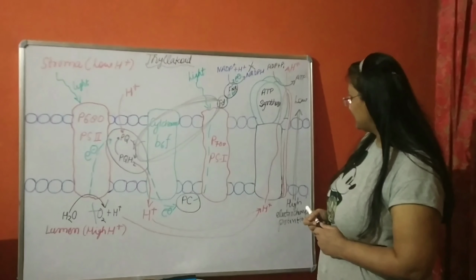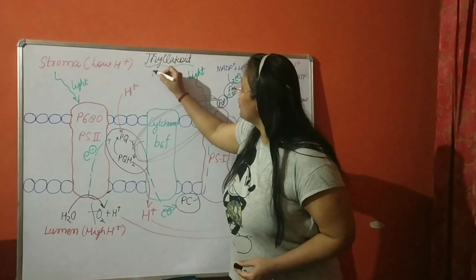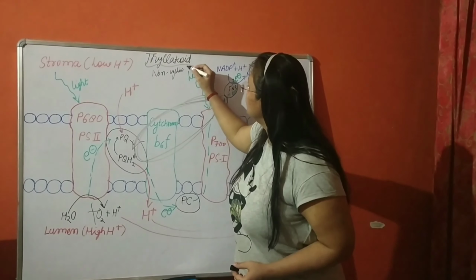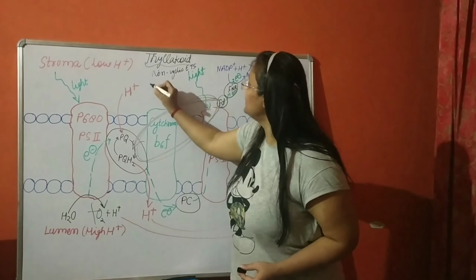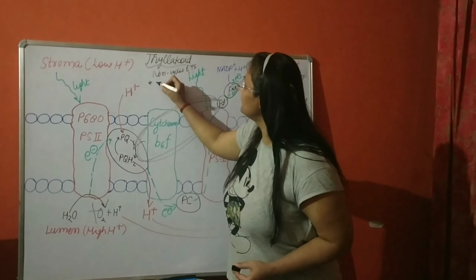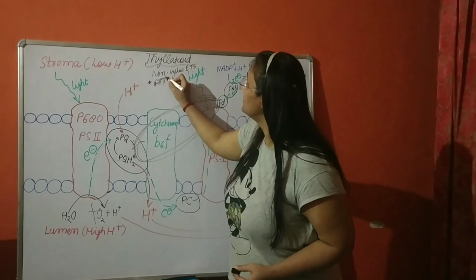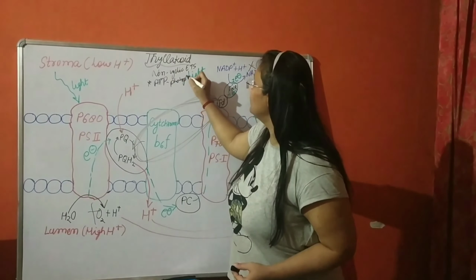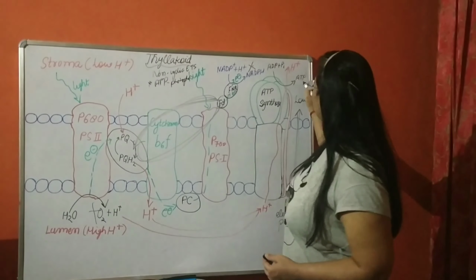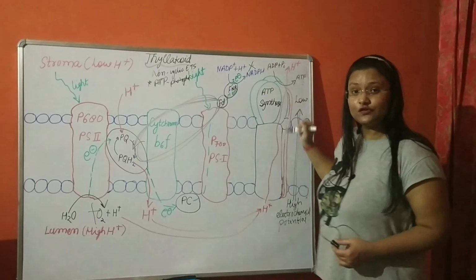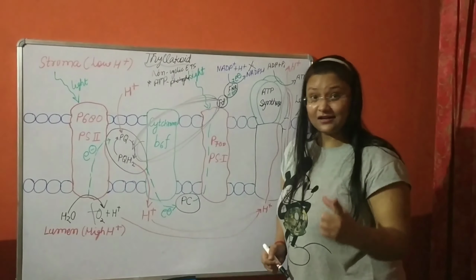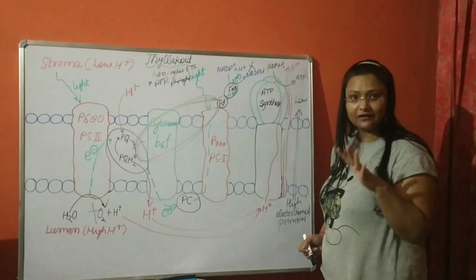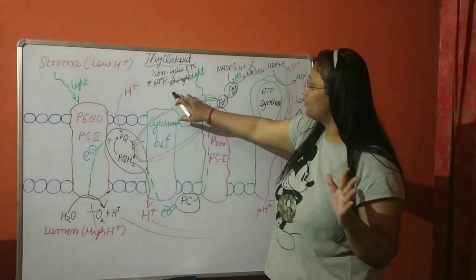So let me write it. In non-cyclic ETS, what will occur? Everything will occur. ATP will be formed, right? That means photophosphorylation. The formation of ATP over here is also known as photophosphorylation, because it is occurring because of light, light from the sun. So that's why we call it photophosphorylation.